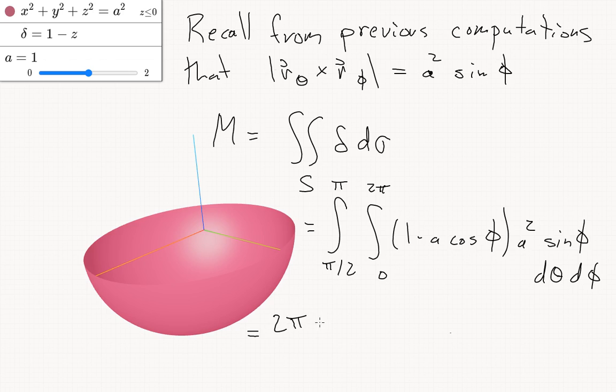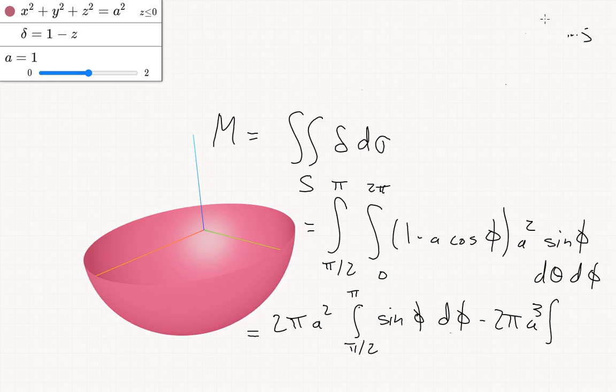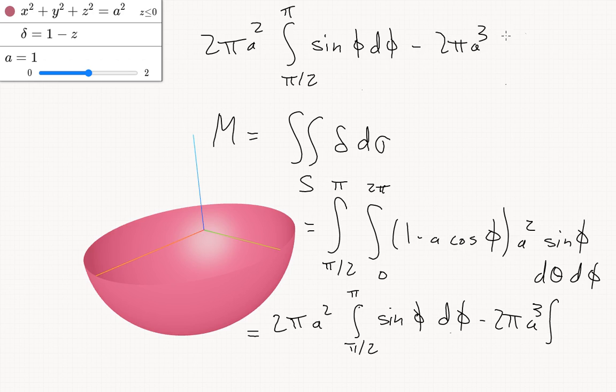So this is 2 pi a squared times the integral from pi over 2 to pi of sine phi d phi, and then minus 2 pi a cubed times the integral from pi over 2 to pi of cos phi sine phi d phi.